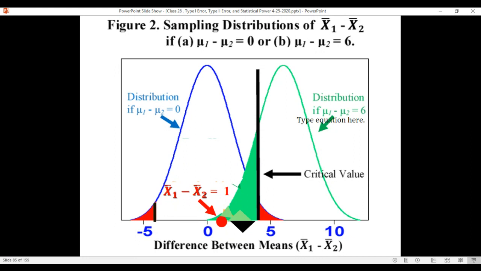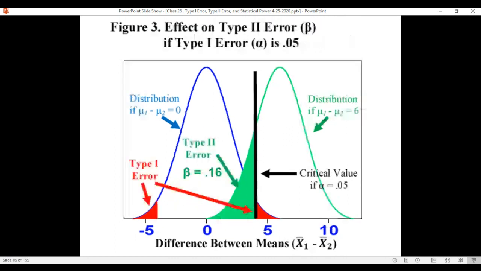Remember, the green area represents all the paired samples where the researcher will make a type 2 error. Now, how often will the researcher make a type 2 error? Well, the area of the green region in this example is 0.16.